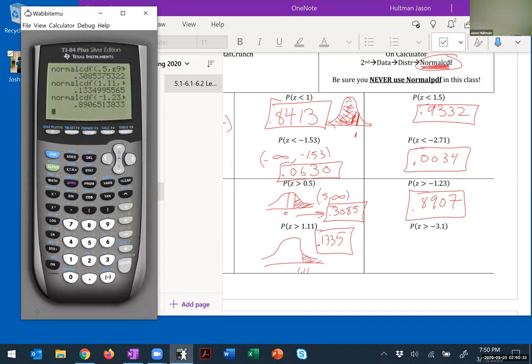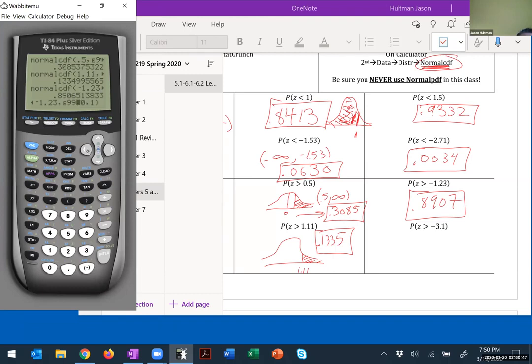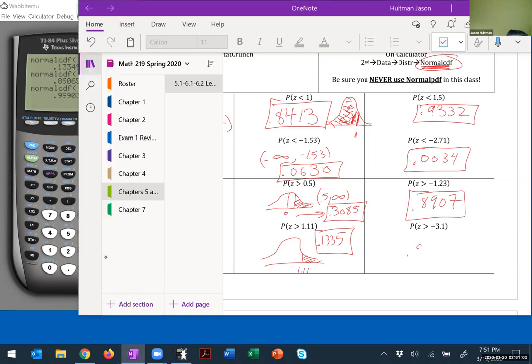And the next one, Z is greater than negative 3.1. Again, I'll steal that from the top. Negative 3.1 to infinity, and that's 0.9990.